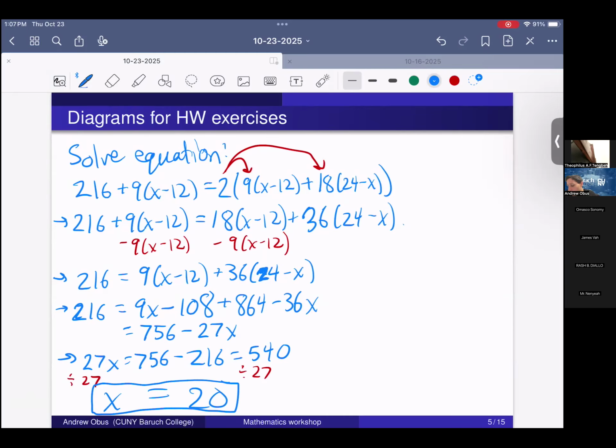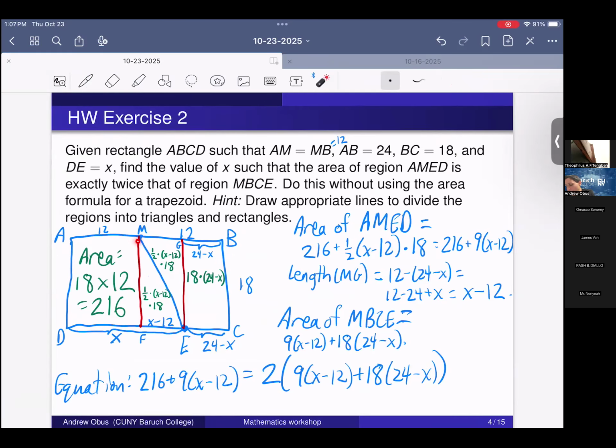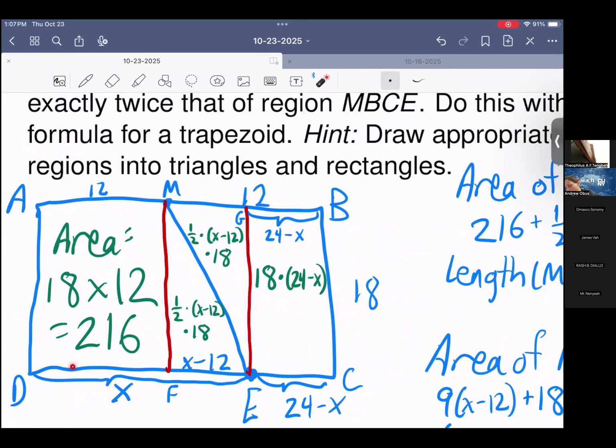All right, so x is equal to 20 when we solve this equation. And if we look at the diagram, that kind of makes sense, right? If x is equal to 20, that means that this line is going most of the way towards c, right? Because the total side is 24. And if x is equal to 20, that means this is 20 and this is only 4. So that looks at the very least like it makes sense.